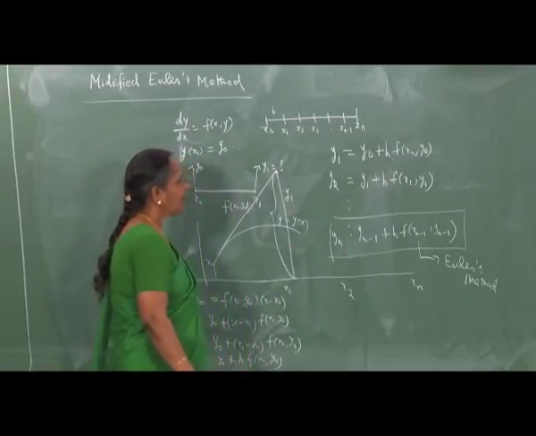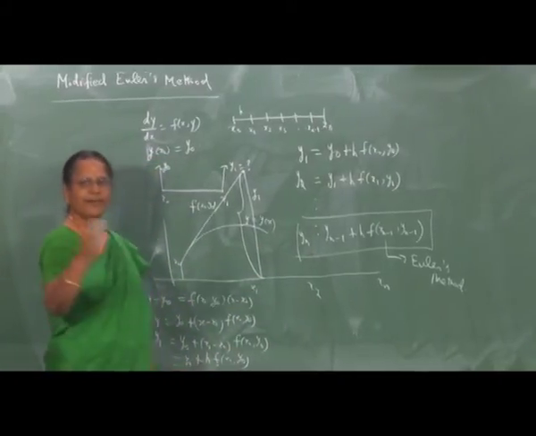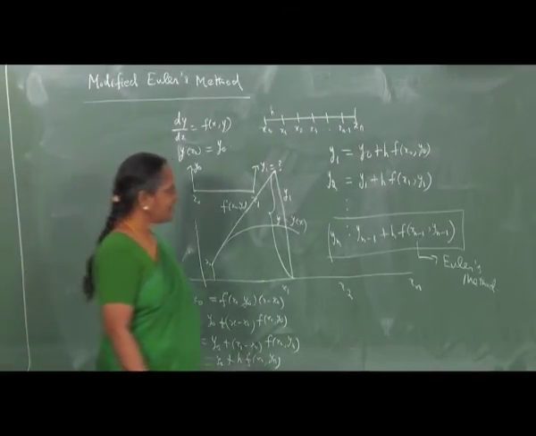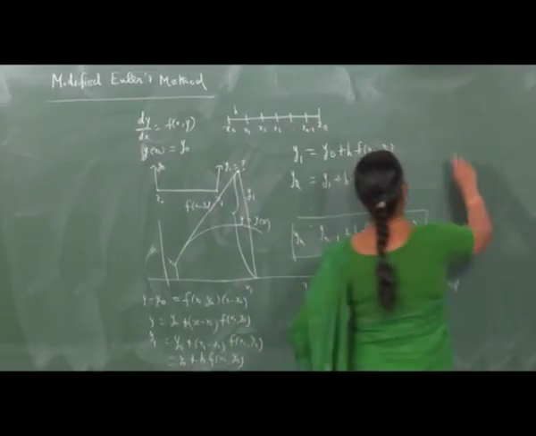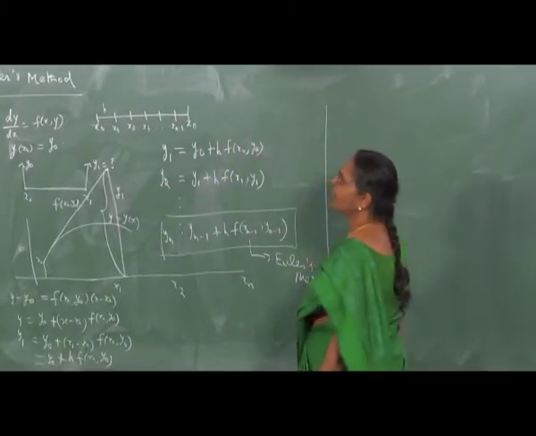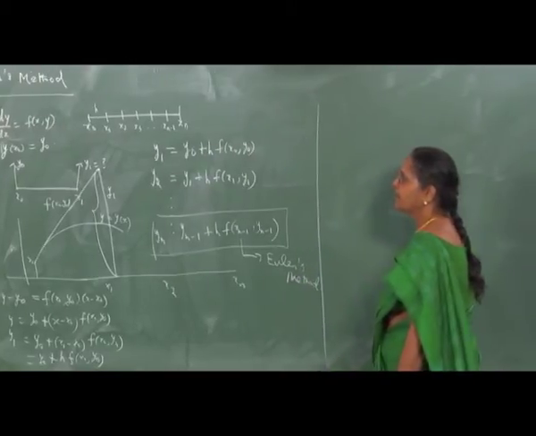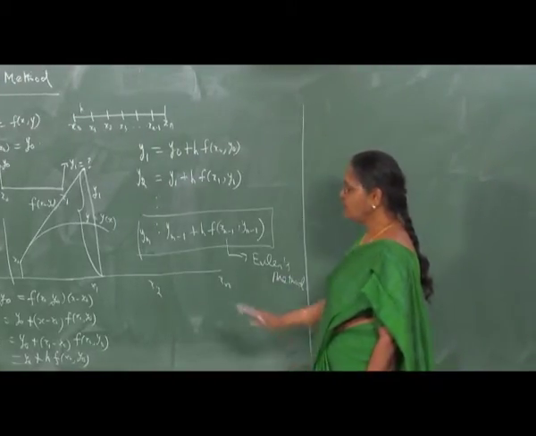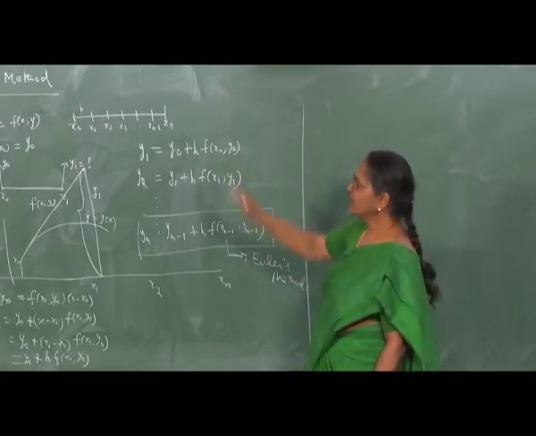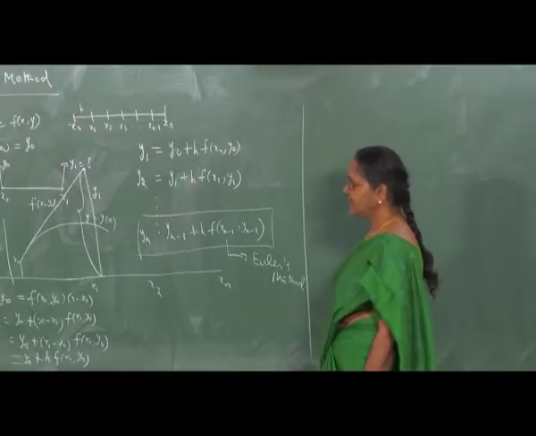So, is there any possibility of modifying this method? Yes, one can obtain the method known as modified Euler's method by making use of the following assumption. So, what is the assumption in modified Euler's method? Let us see.